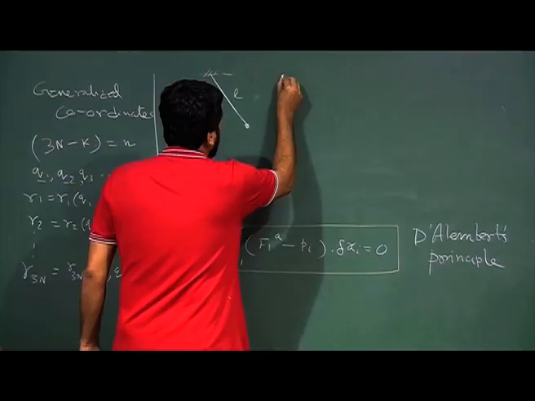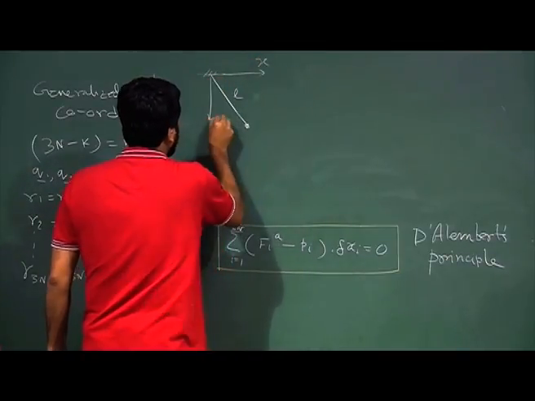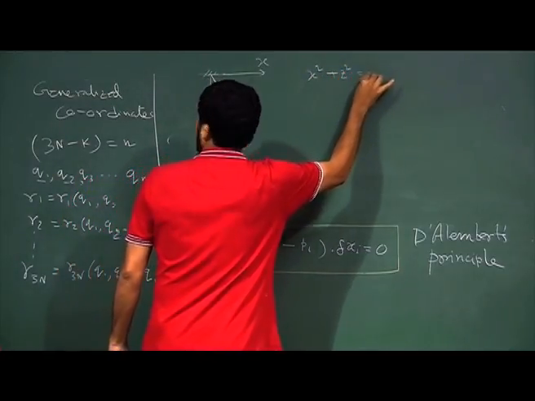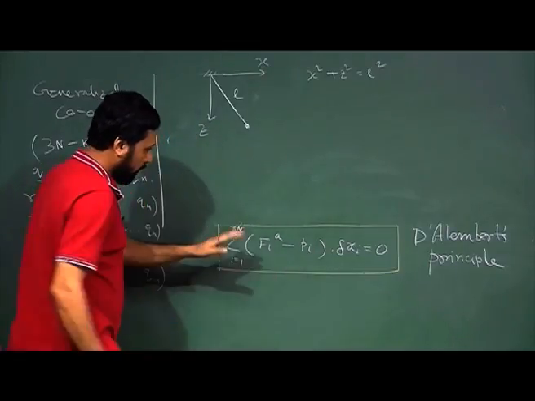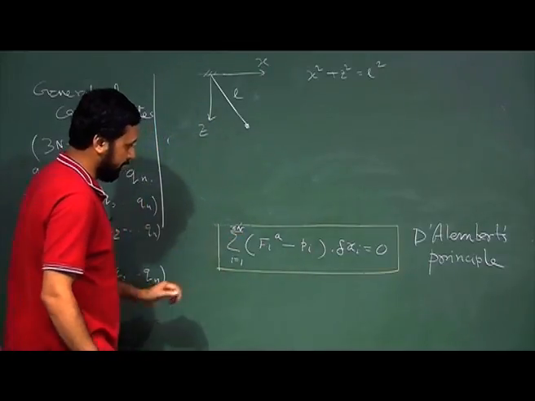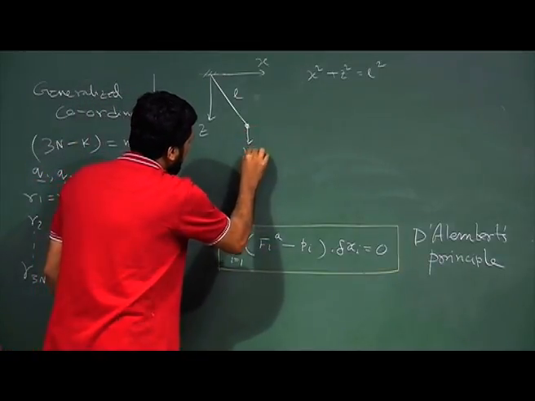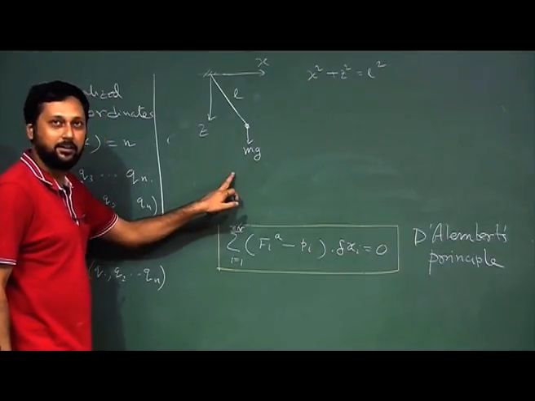We have a constraint equation; let us say this is my x axis and this is my z axis. So, x squared plus z squared is equal to L squared. If I now write the individual equations, the applied force is mg, which is towards the z direction.